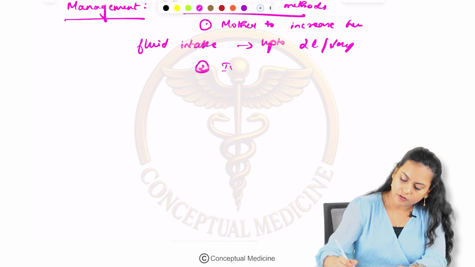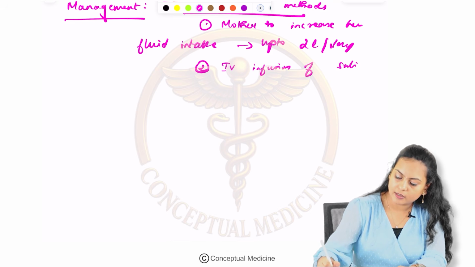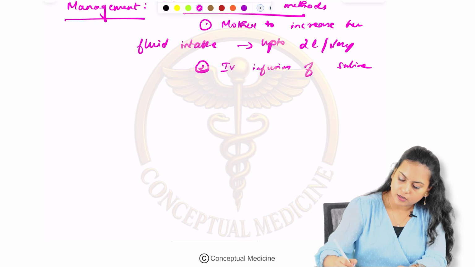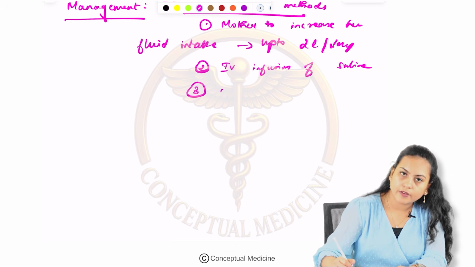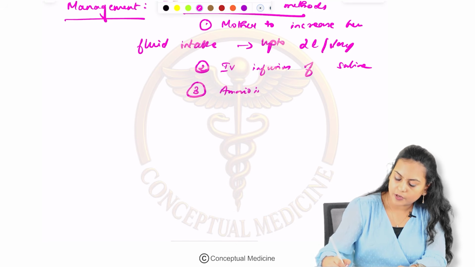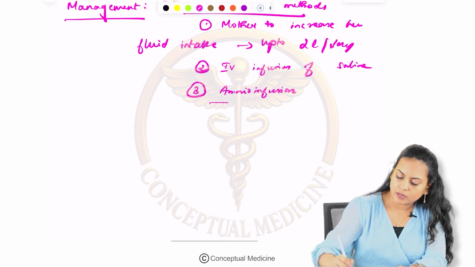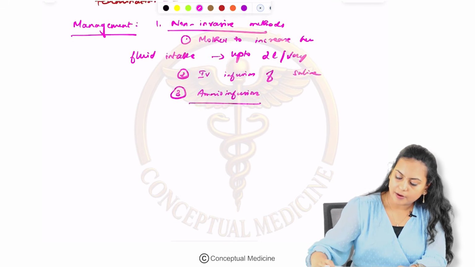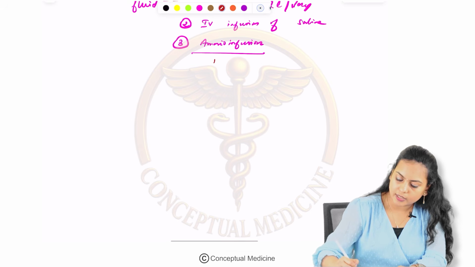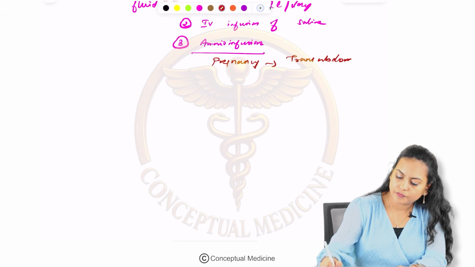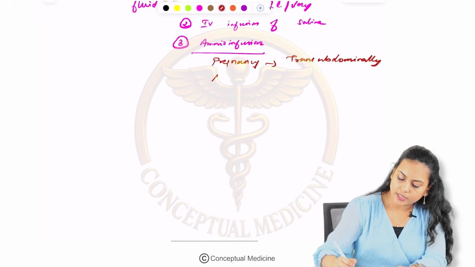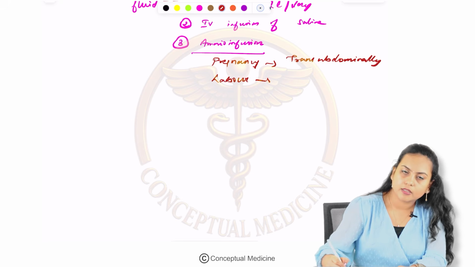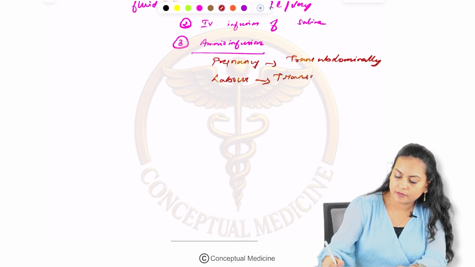Second, we can go for IV infusion of saline. Third point, we can go for amnioinfusion. Okay. Amnioinfusion during pregnancy can be done transabdominally. If it is done during labor, then it is done transcervically.